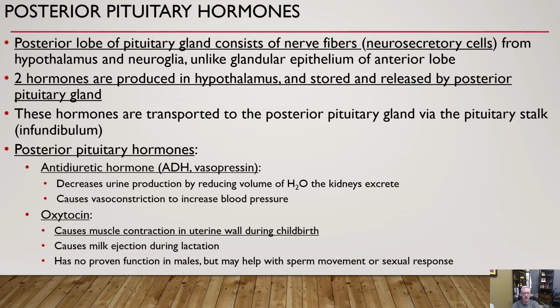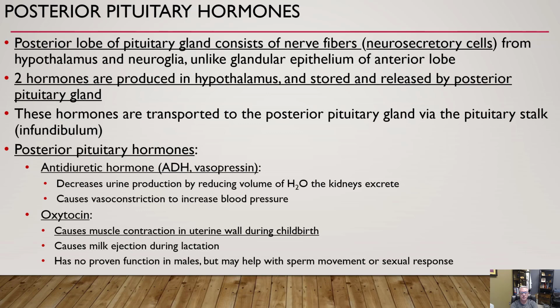Oxytocin stimulates muscle contraction in the uterine wall during childbirth. Your body produces oxytocin naturally, and typically during a vaginal birth or a cesarean, we will give you oxytocin as well to help you along. Oxytocin also helps cause milk ejection during lactation.